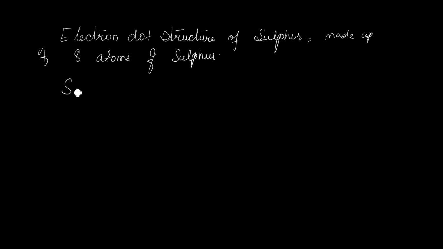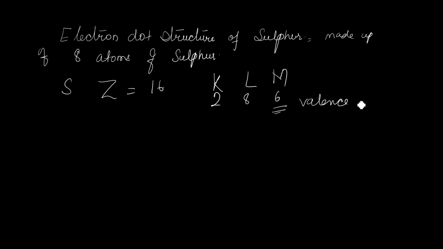So sulfur, the atomic number is 16, electronic configuration 2, L8 and M6. So it has 6 valence electrons, 6 valence electrons in the outermost shell, that is the valence shell.